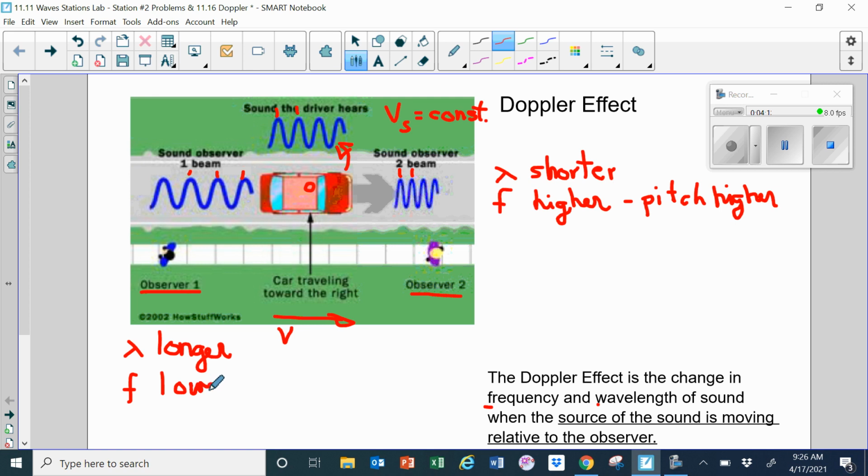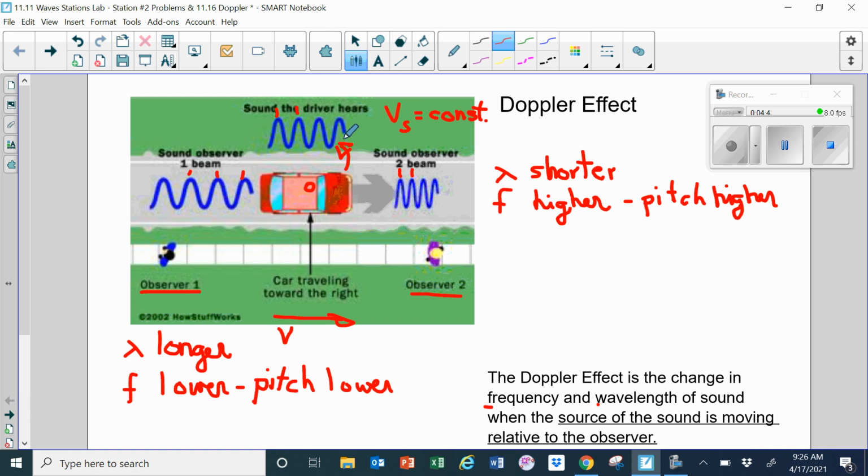And if the frequency is lower, then the pitch of the sound will be lower also. Okay? So the apparent pitch that observer 1 hears is going to be lower than the actual siren, and the pitch that observer 2 hears is going to be higher than the actual siren.